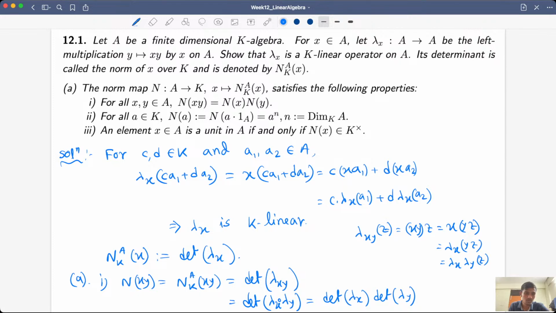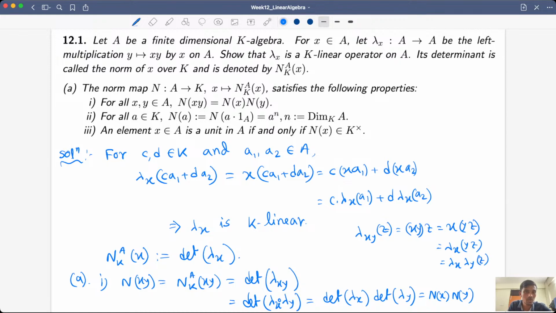But also from the definition, the determinant of lambda x is N_{A/K} of x, which is just N(x), and the other thing is N(y). So this is true for any x, y. So this proves the first property.